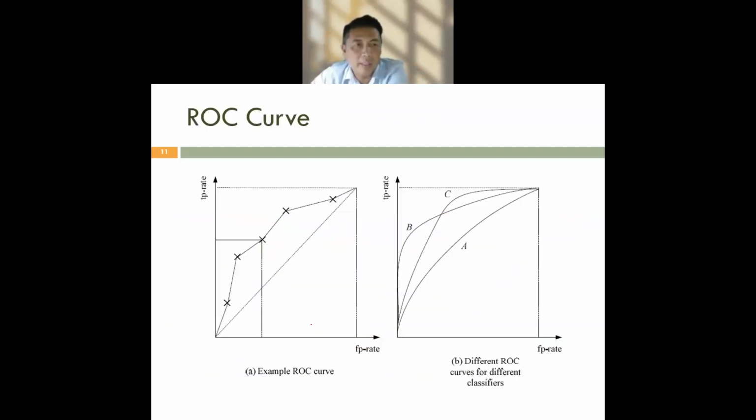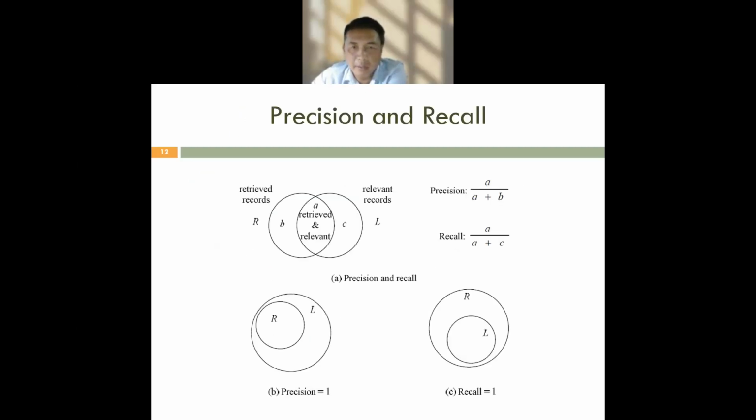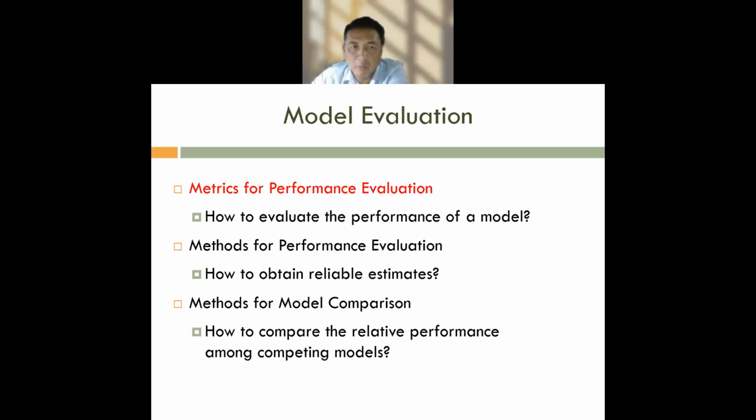For the ROC, or receiver operating characteristic curve, we are looking at the true positive rate and also the false positive rate. Let me move forward here.